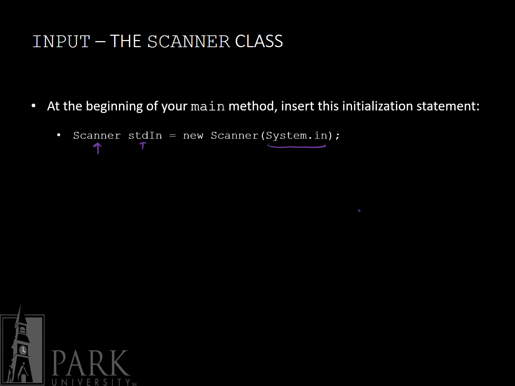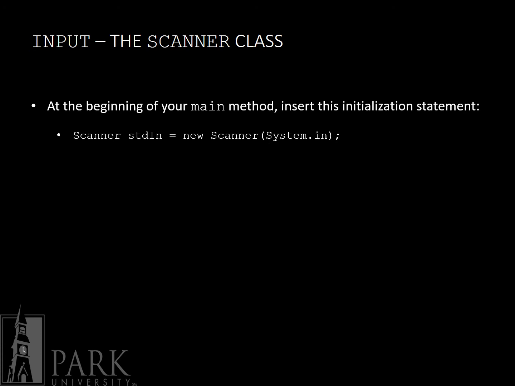And you don't need to be worried about all of that right now. What you do need to worry about is memorizing this whole line. You can call standard in whatever you want. You can say user input or some other variable name, but the rest of it for now you need to memorize until you have a better understanding of class definitions.